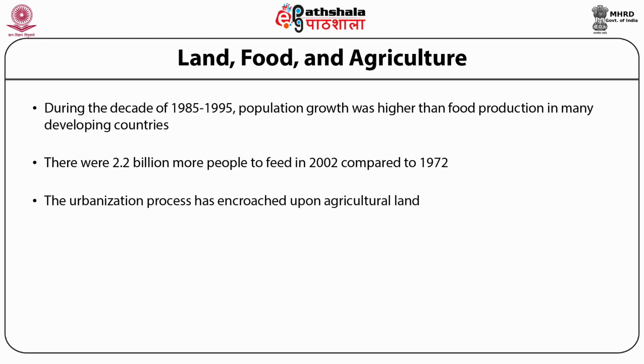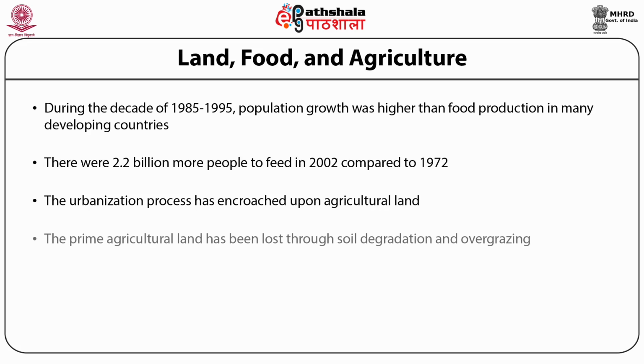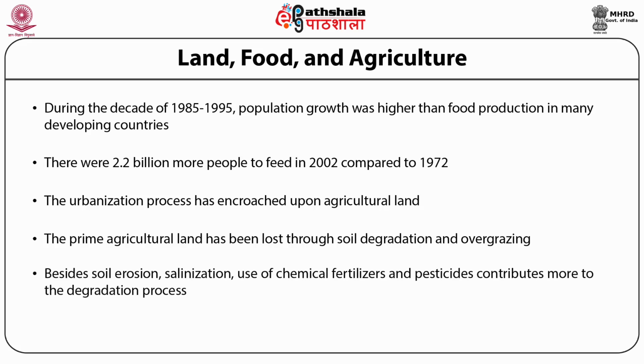The urbanization process has encroached upon agricultural land. The prime agricultural land has been lost through soil degradation and overgrazing. Besides, soil erosion, salinization, use of chemical fertilizers and pesticides contributes more to the degradation process.